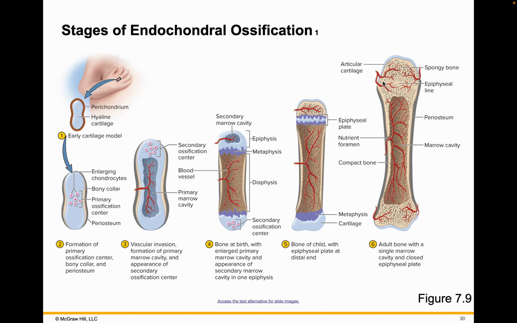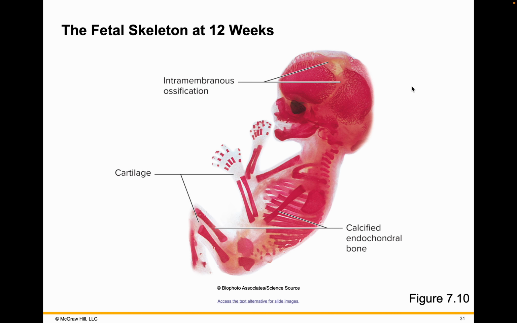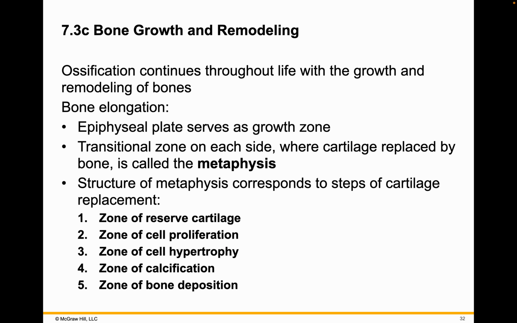And becoming an adult, that calcifies and becomes the epiphyseal line. So here is a fetal skeleton at 12 weeks. We can see intramembranous ossification going on in the skull, and cartilage, endochondral formation in the other bones.